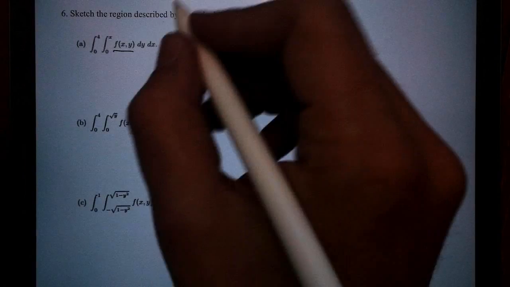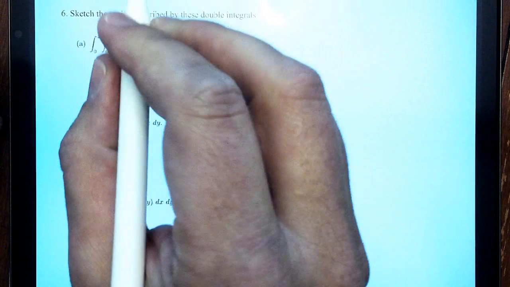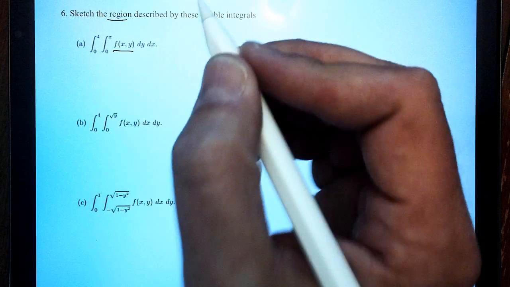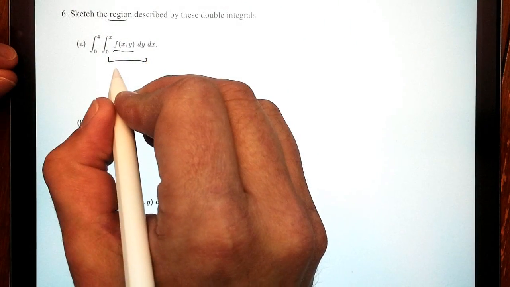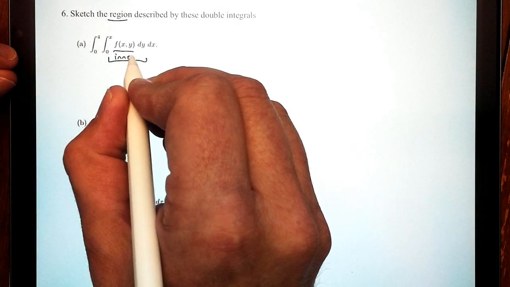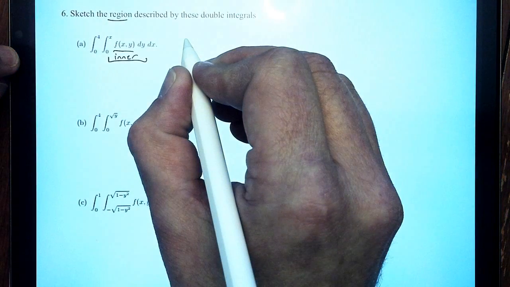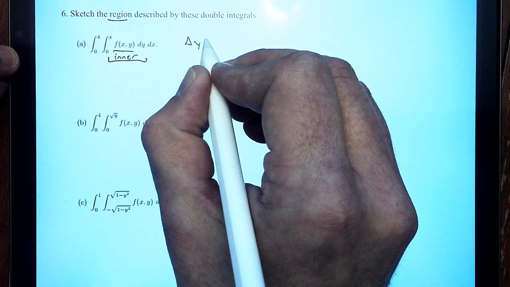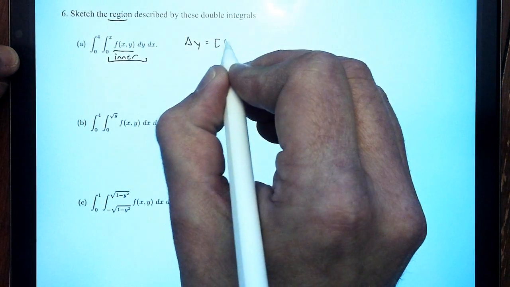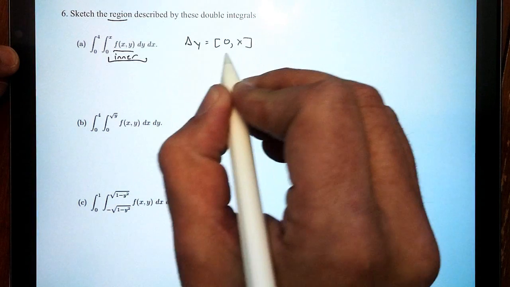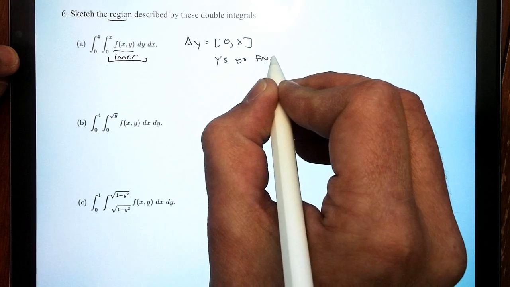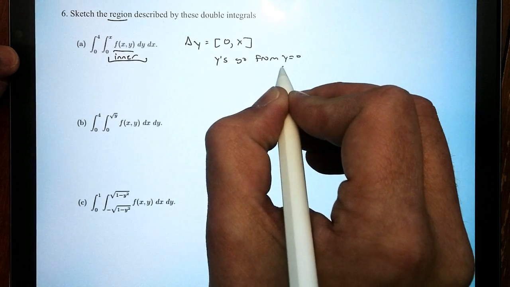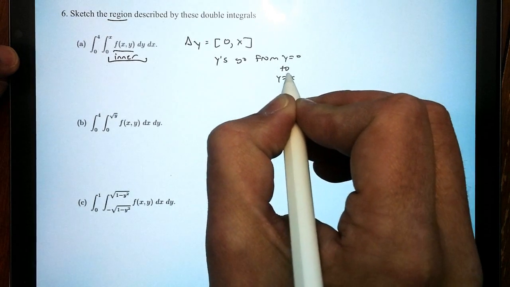All right, so if we want to sketch the region here, we have to look at our domains. If I look at the inner part, they are telling us that the change in y's go from 0 to x. In other words, the y's go from y equals 0 to y equals x.